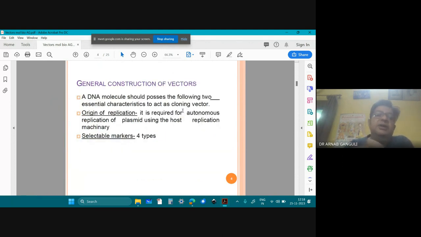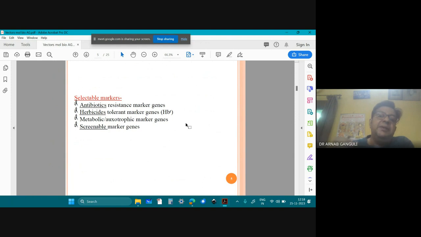So generally, what do vectors contain? They contain DNA molecules. And most important, they should have an origin of replication and selectable markers, which are 4 types. Selectable markers are antibiotic resistance marker genes. They can be herbicide resistance, metabolic auxotrophic markers, or screenable markers.